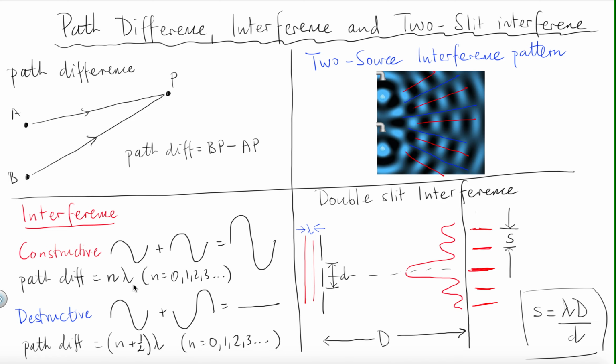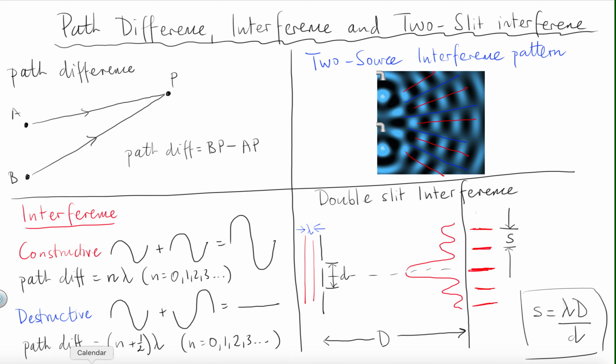However, if at P the wave's crest meets the other wave's trough, i.e. they are out of phase, they will interfere destructively, and for this to happen there has to be an integer plus a half number of wavelengths. So in this case the path difference will be half a wavelength, 3 half wavelengths, or 5 half wavelengths.